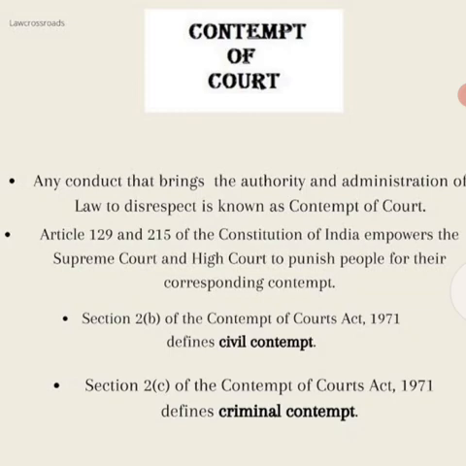Any conduct that brings the authority and administration of law to disrespect is known as contempt of court. In the Constitution of India, Article 129 and Article 215 empower the Supreme Court and the High Courts to punish people for their corresponding contempt.